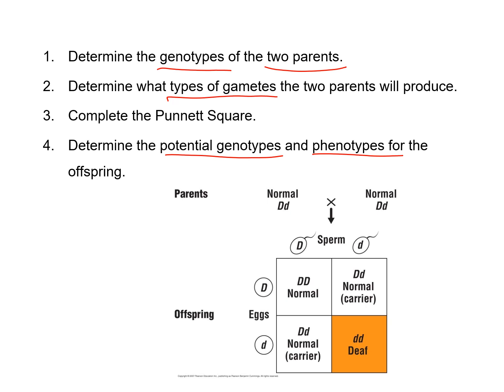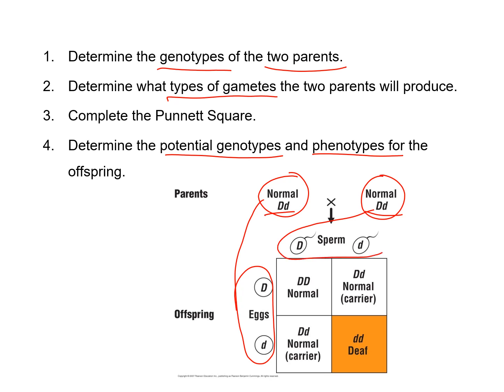This is an example of what a Punnett square looks like, and I'll go through it in more detail. But here are your two parents. So this is the female, this is the male. You figure out the genotype, that's the first thing you do. Then you figure out what gametes each one will produce, and this is a result of meiosis. Once you have figured out the gametes, then you fill out the Punnett square.